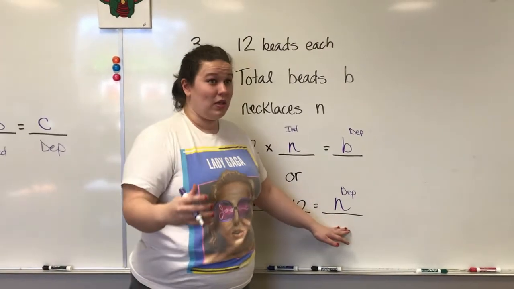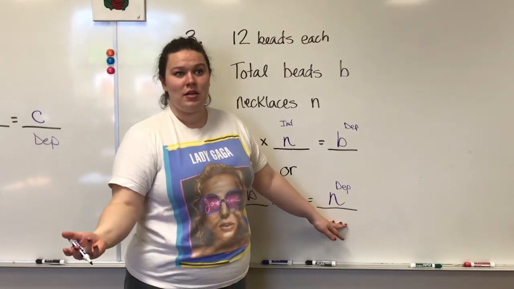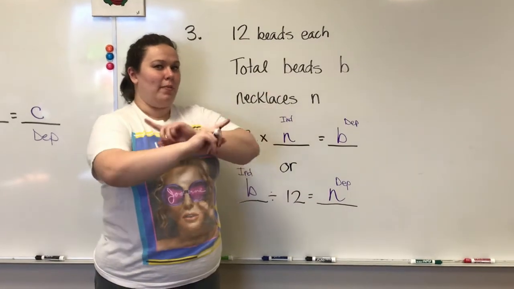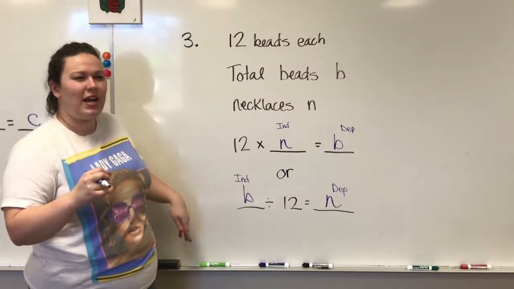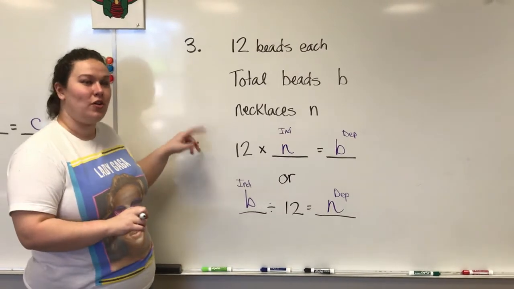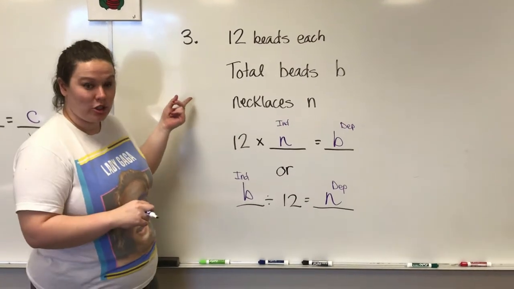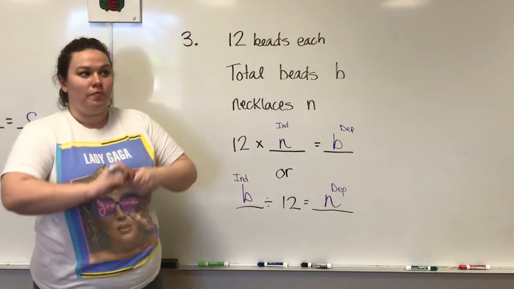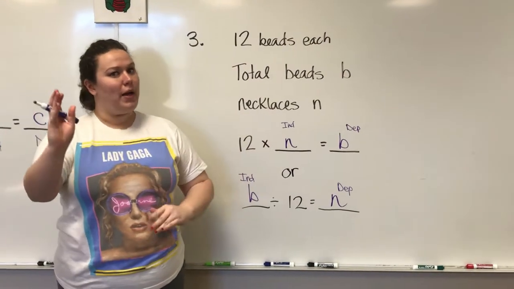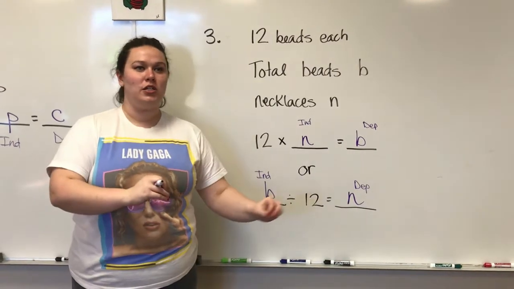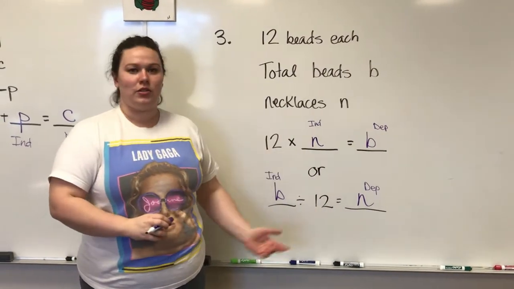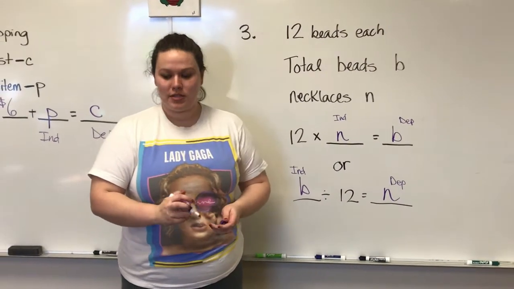Then I can only make 2 necklaces. This is why we went back and forth, because you can set it up in either way. And I feel like not many questions can do this. So I feel like this was a poorly written question. Okay, so just know what independent and dependent are and how you put them into an equation. And I know it was confusing, but I tried my best.